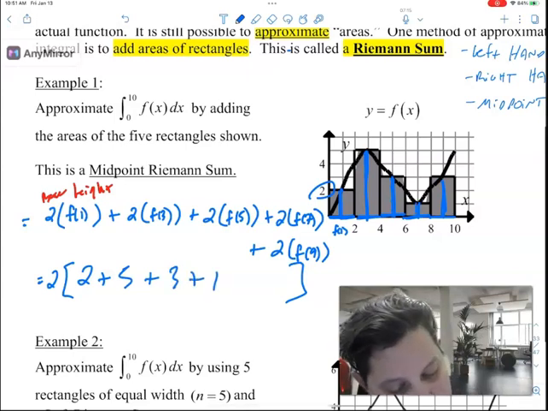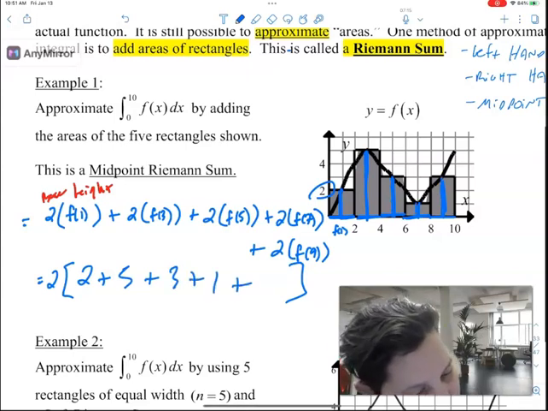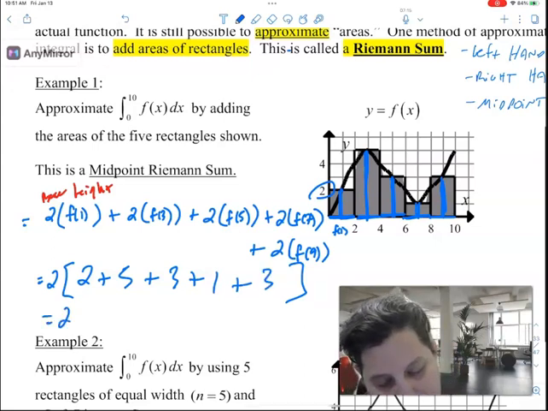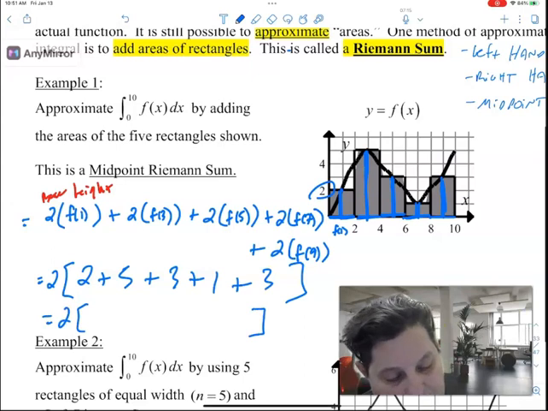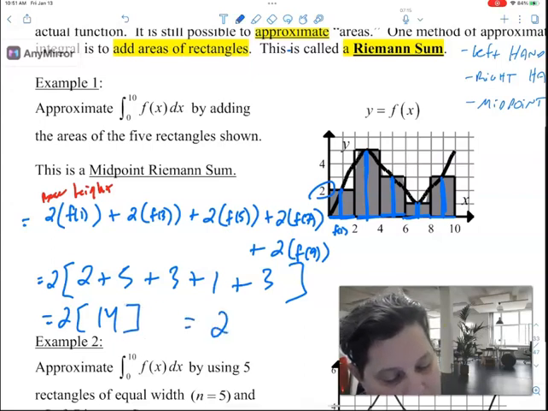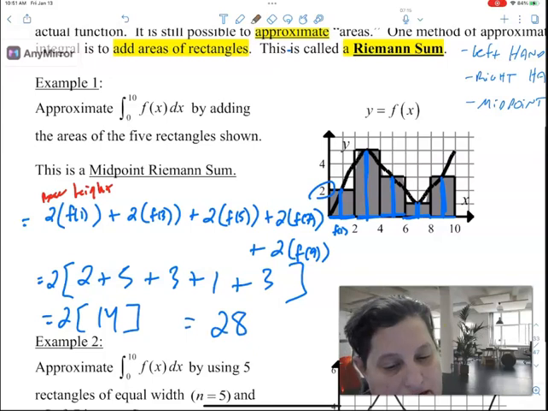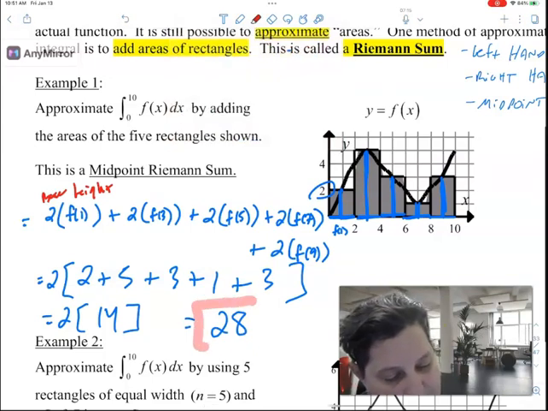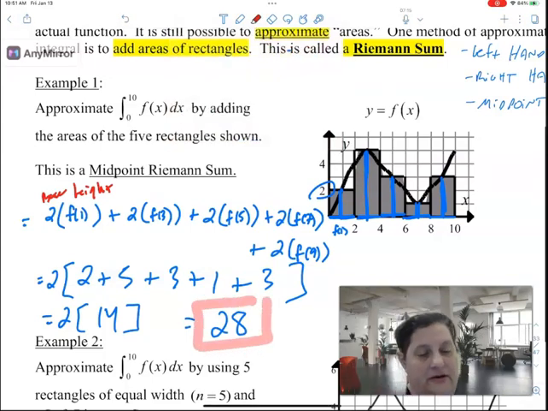The height at 7 was 1. The height at 9 is 3. And instead of doing base times height each time, let me just add these up. That's like 14. And so the area of all of these rectangles is 28, okay? That's the area of those rectangles. So I'm going to approximate it under the curve as 28, all right?